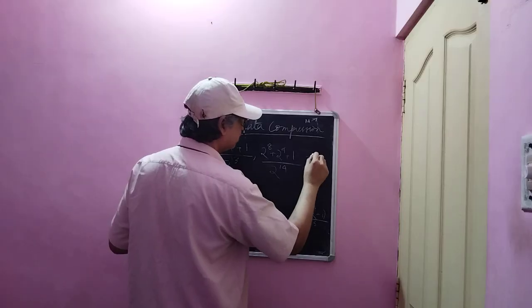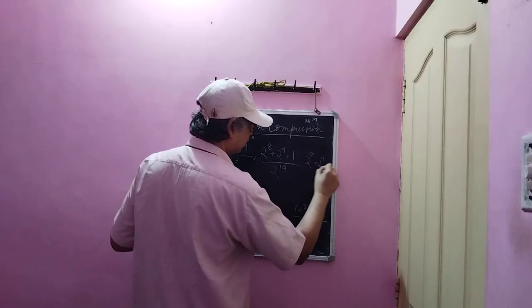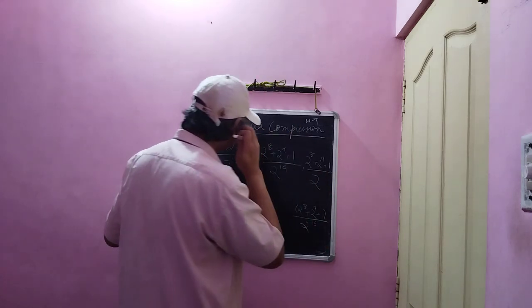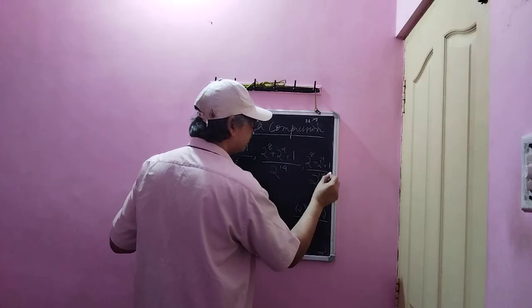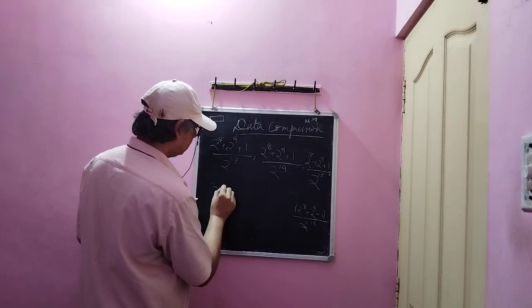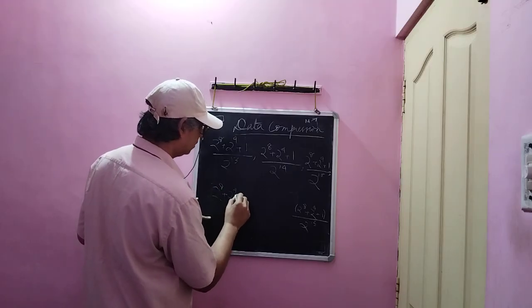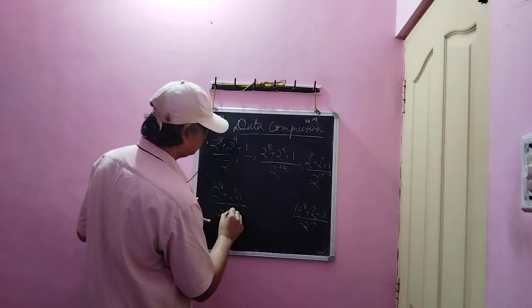The next one will be 2 power 8 plus 2 power 4 plus 1 by 2 power 15. Then the next one will be 2 power 8 plus 2 power 4 plus 1 by 2 power 16.